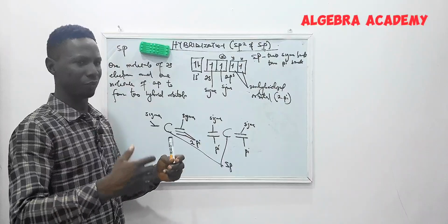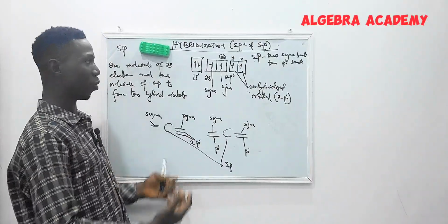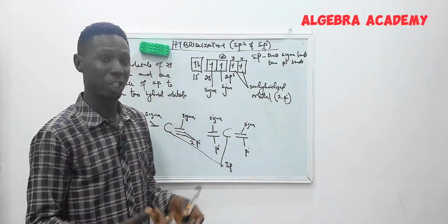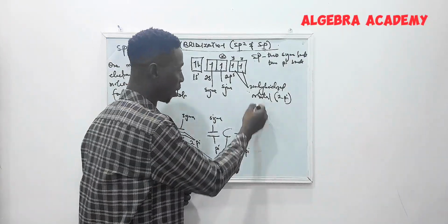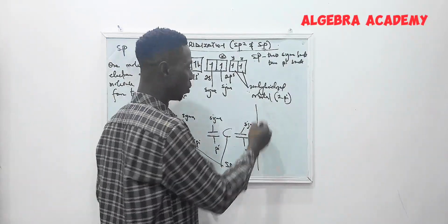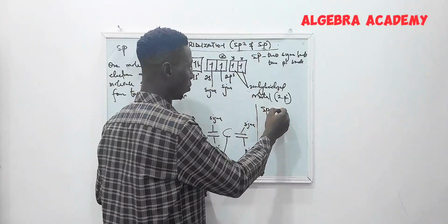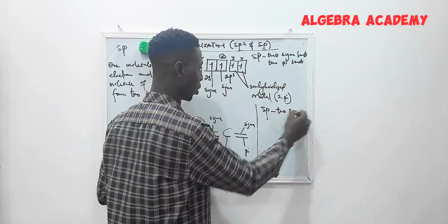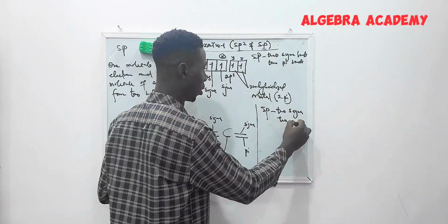So I will just advise that the best way to identify if a carbon is sp, sp2 or sp3 is to know the number of sigma and pi bonds around it. And relatively, we have for sp, 2 sigma, 2 pi.